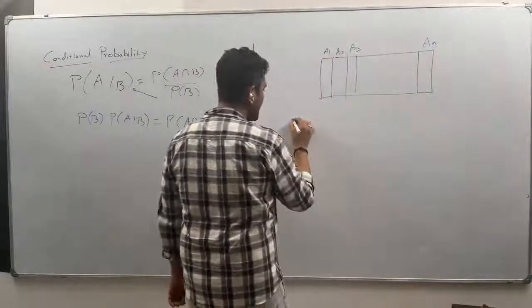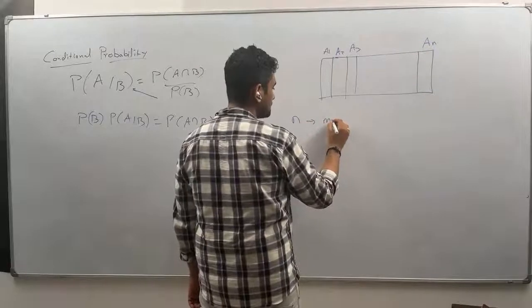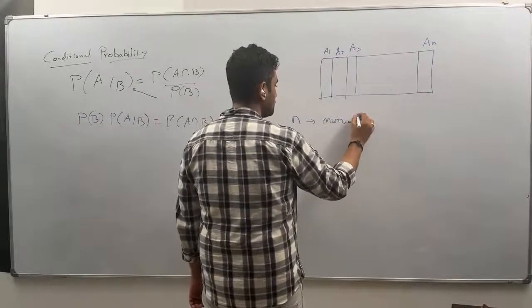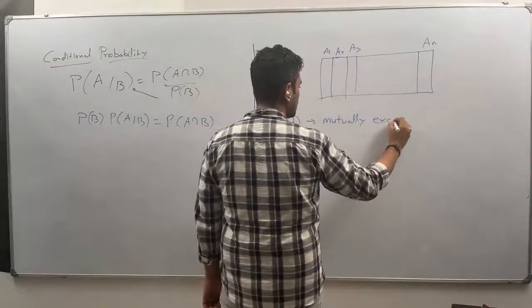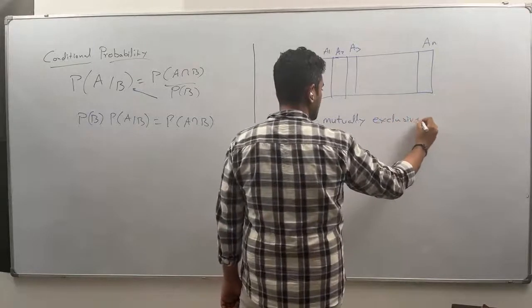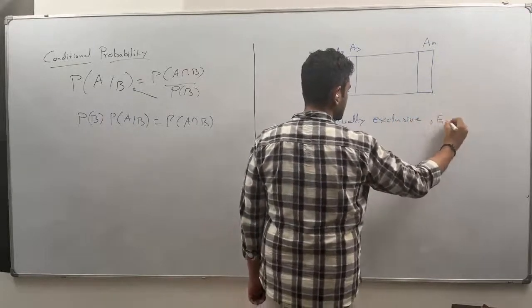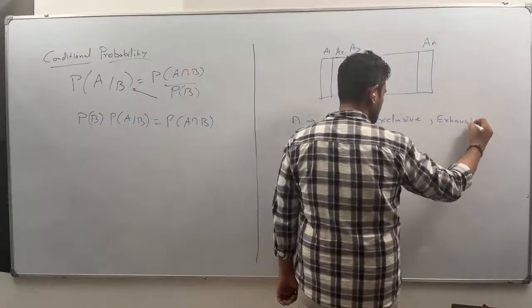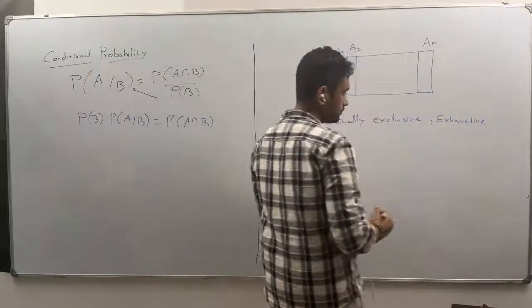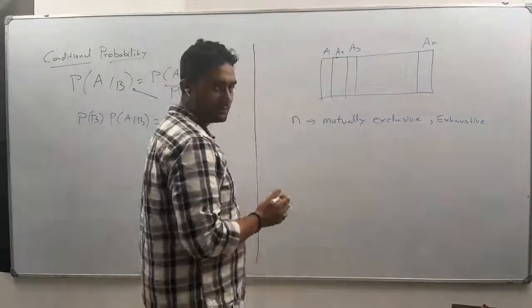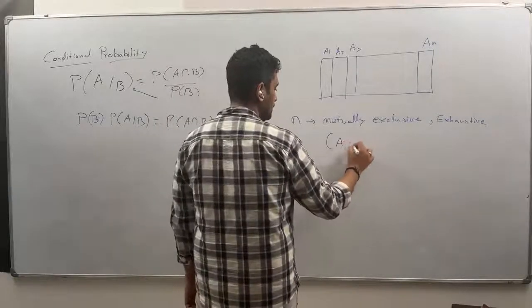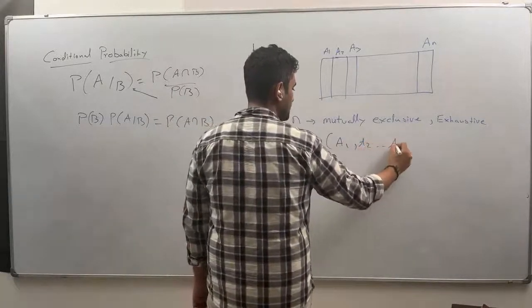So we have n mutually exclusive exhaustive events, A1, A2, so on up to AN.